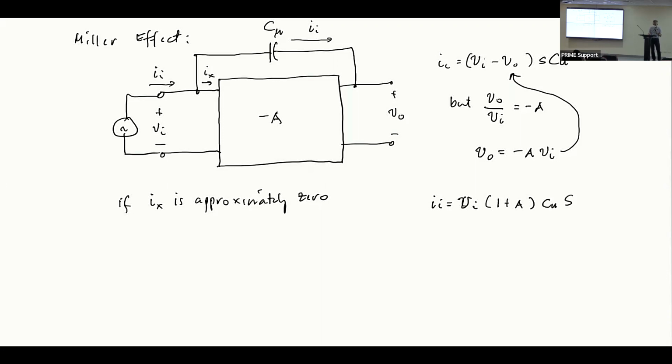Okay, what does this look like? Yung 1 plus A multiplied by C mu, this looks like a capacitor across the input whose value is 1 plus A C mu.